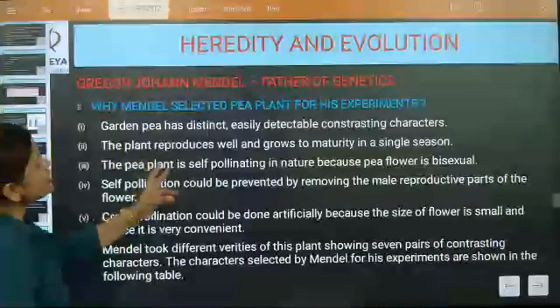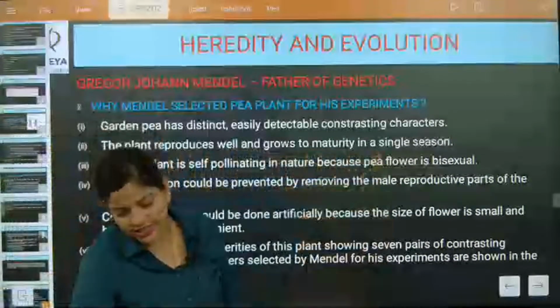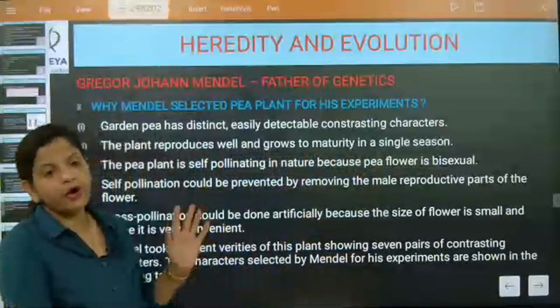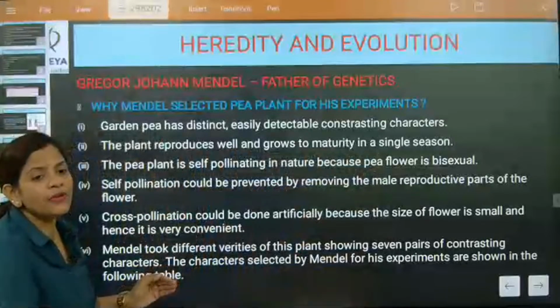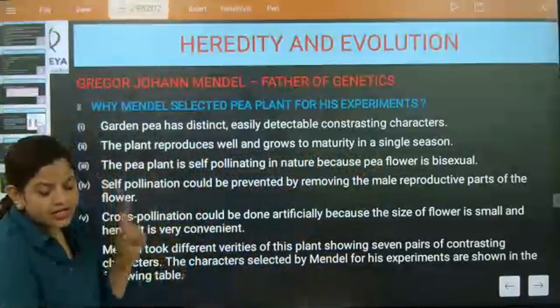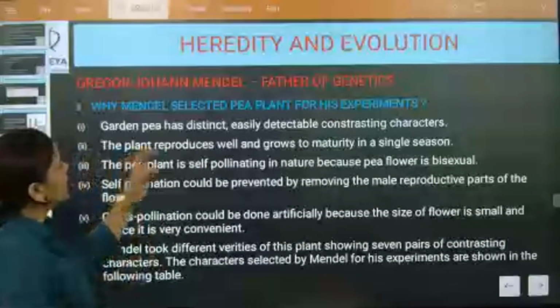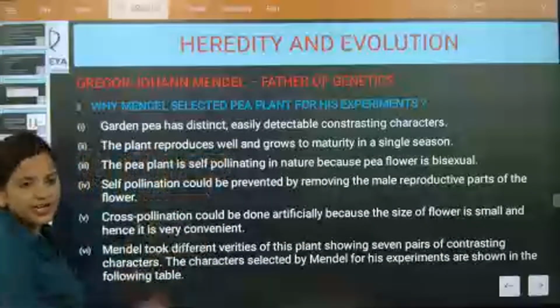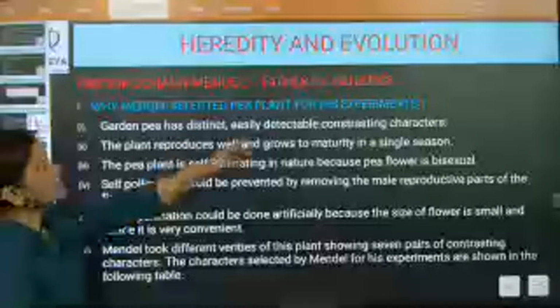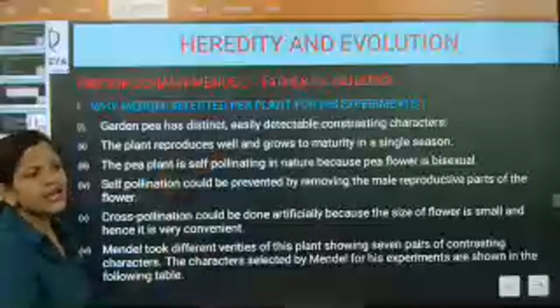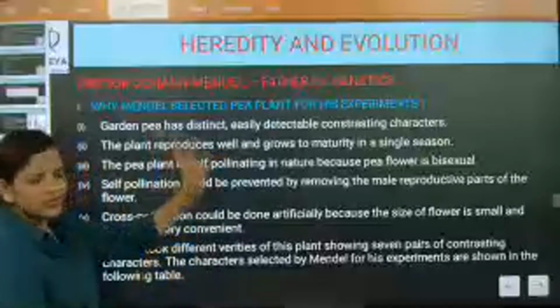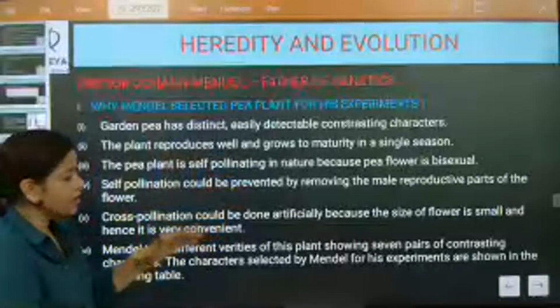Second, the plant reproduces well and grows to maturity in a single season. This is the most important part. Gaining maturity in how many seasons? One single season.